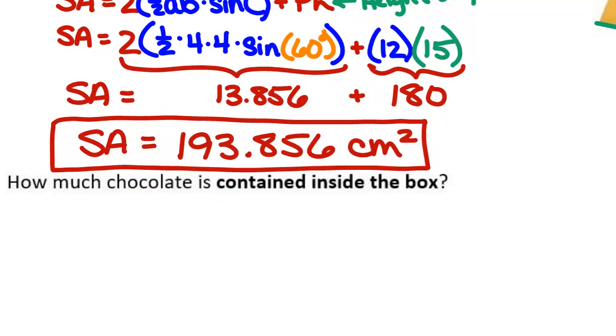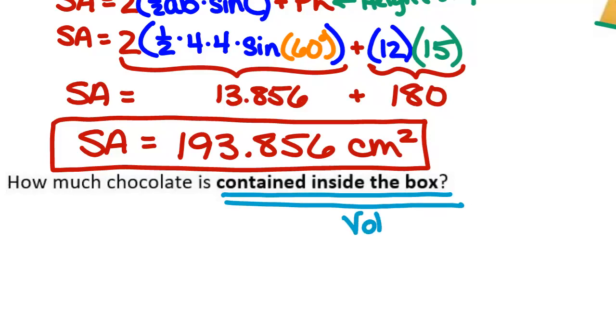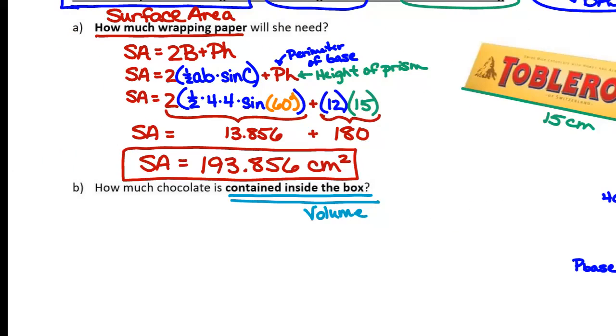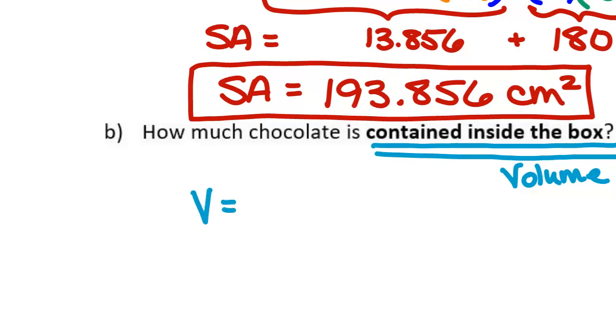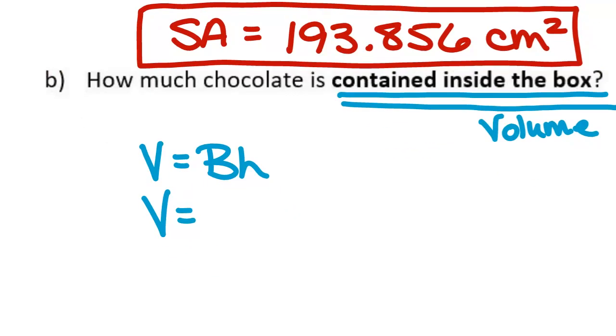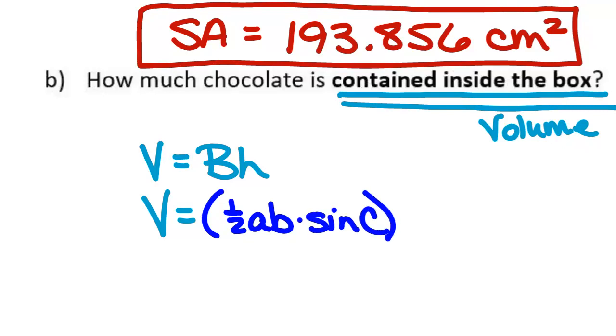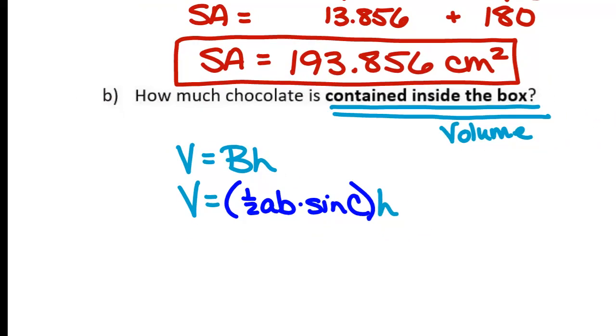How much chocolate is contained inside the box? What am I asking about now? Volume. How do you find the volume of a prism? Area of the base times the height. And I'm going to find the area of the base the exact same way we did above: 1/2 AB times the sine of angle C, and then times the height of my prism.